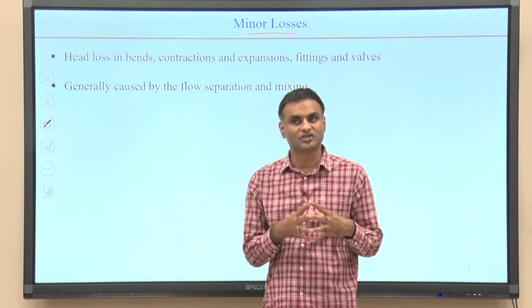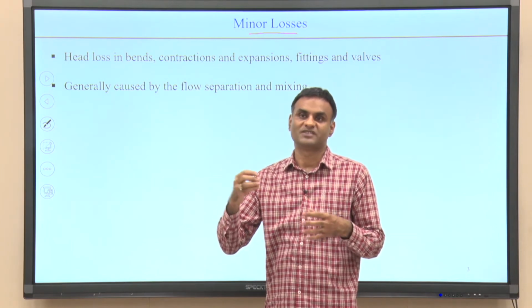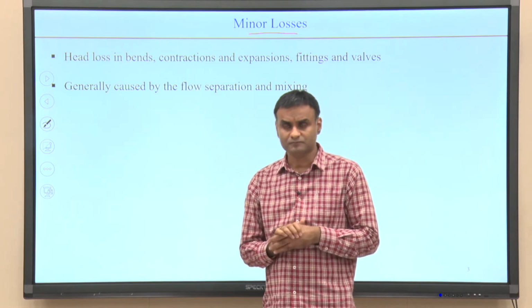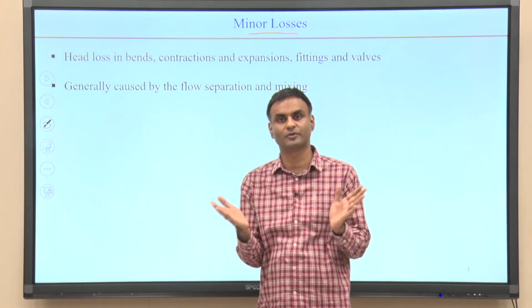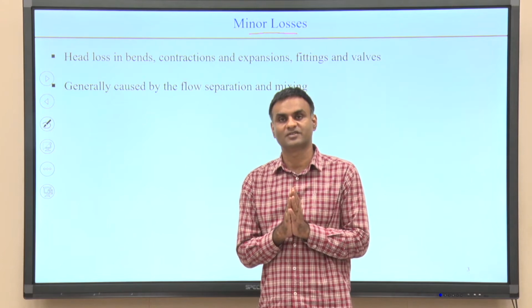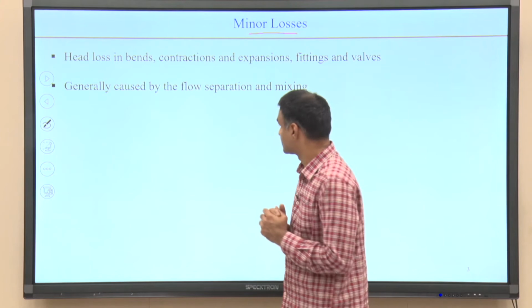So, the minor losses can be very different even for, say, a 90-degree bend, or for valves from two different manufacturers. The same type of valve from two different manufacturers can give different values of minor losses.